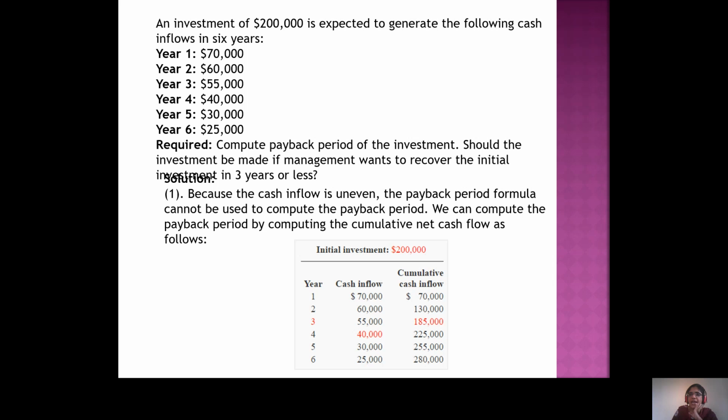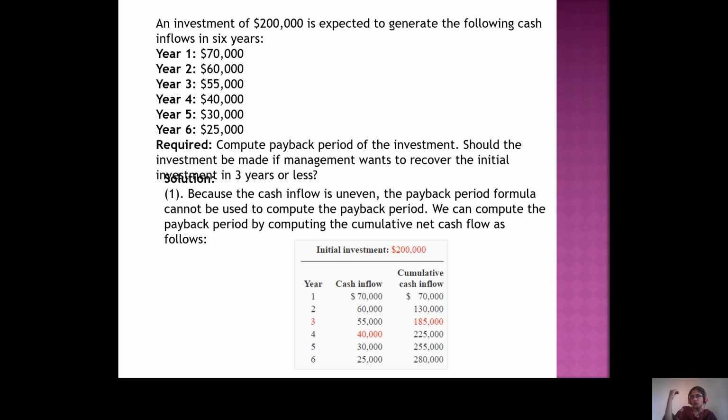Third year 1 lakh 30 plus 55, that is 1 lakh 85. Fourth year 1 lakh 85 plus 40, that is 2 lakhs 25. Fifth year 2 lakhs 25 plus 30, that is 2 lakhs 55. Sixth year 2 lakhs 55 plus 25, that is 2 lakhs 80.